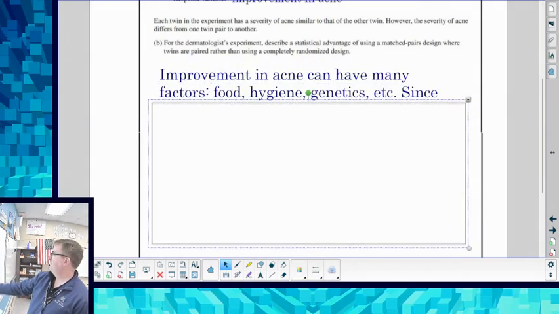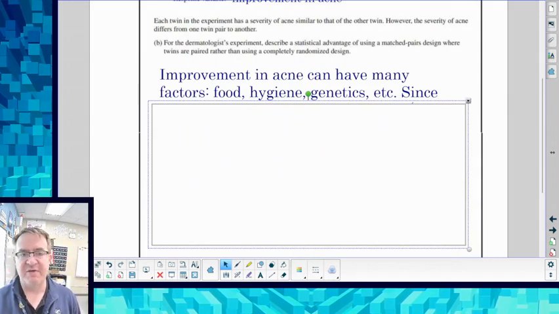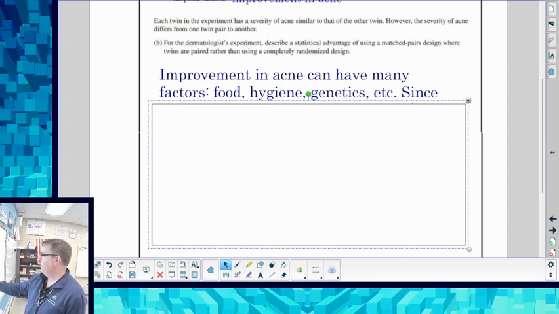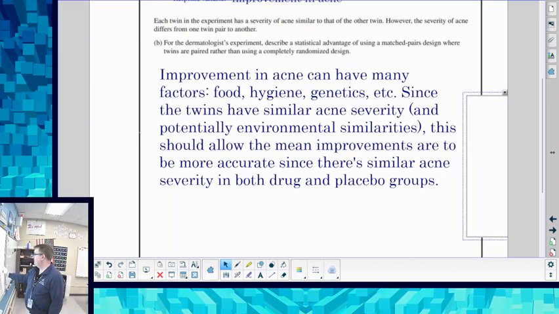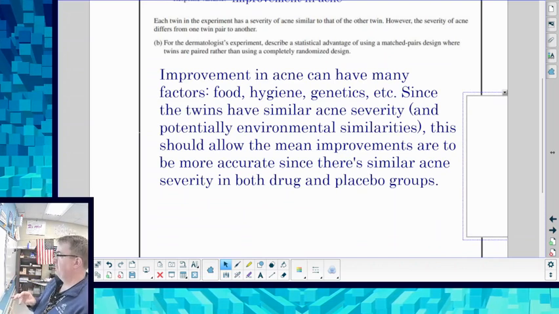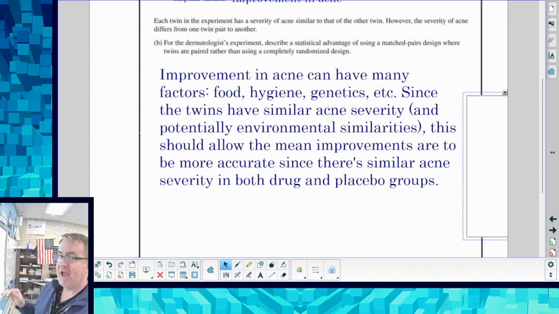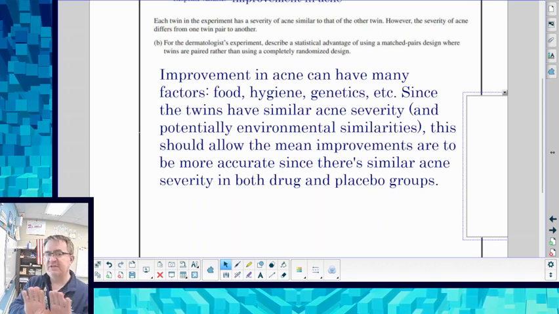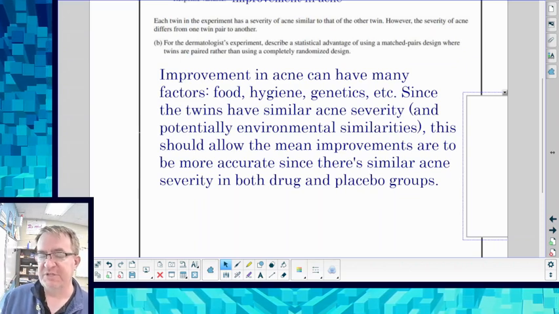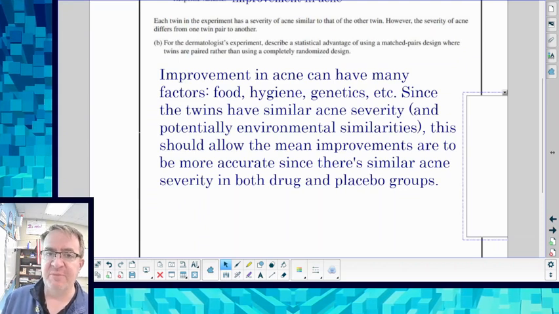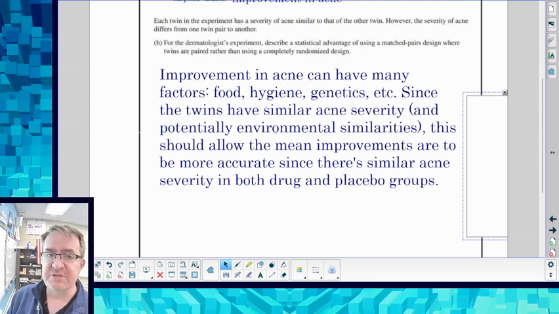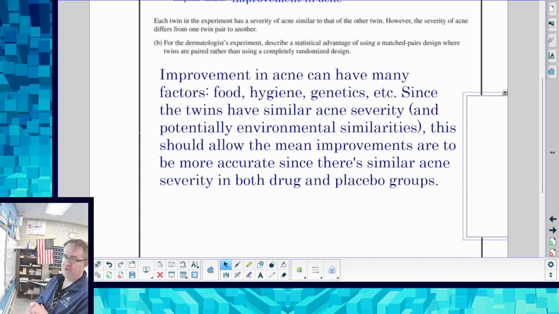First of all, since they're twins, and acne can be affected by environment, food, genetics, etc., by having twins with a similar genetic background, and since the severity of the acne is the same or similar, it should allow the mean improvements to be more accurate because you have somebody who has the same type of acne almost guaranteed in both groups. One group's getting a placebo, one group is getting the drug, and so you should be able to see what the mean improvement is. You could even do a difference of means or a mean of differences if you wanted to, but either way, you should be set for that.